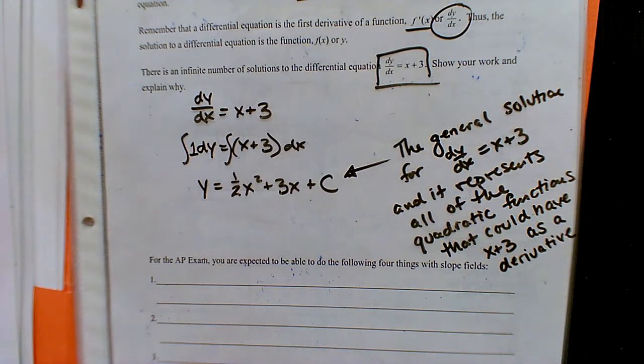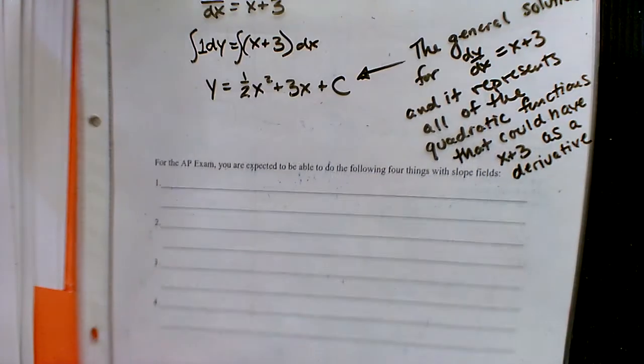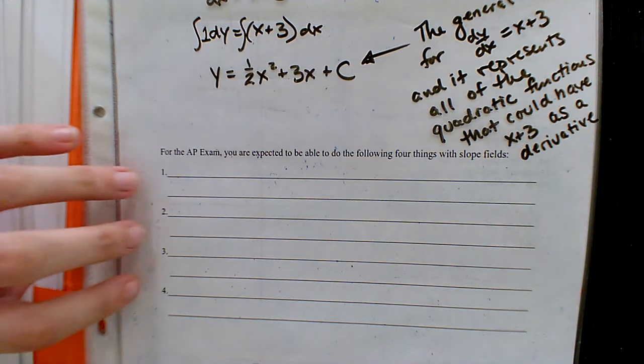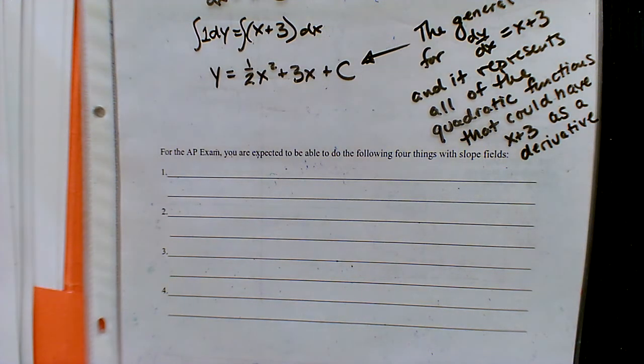So before we get into that, there are 4 different things that we must be able to do from this particular section. This is our goal, what we're going to be able to accomplish by the end of this section, most likely tomorrow. We're going to jot them down now, but then as we go through this section, we're going to reference them and make sure that we feel comfortable with these 4 key things.